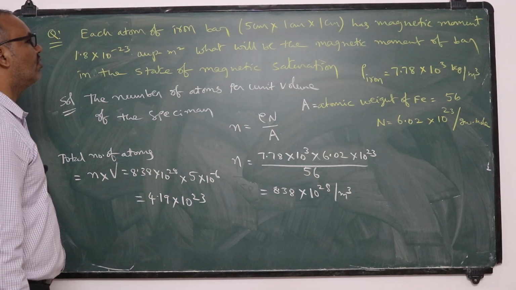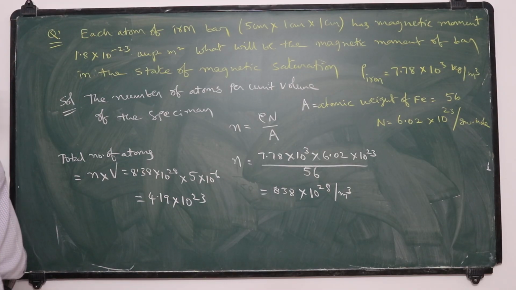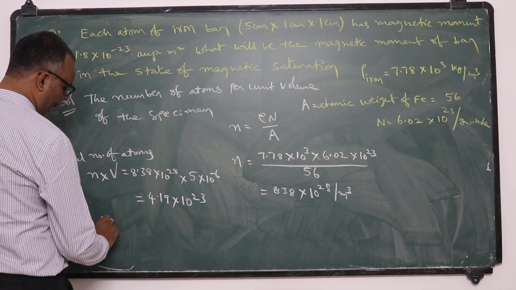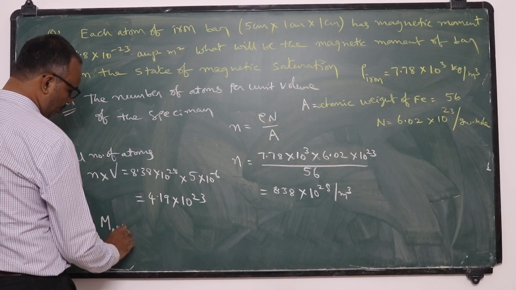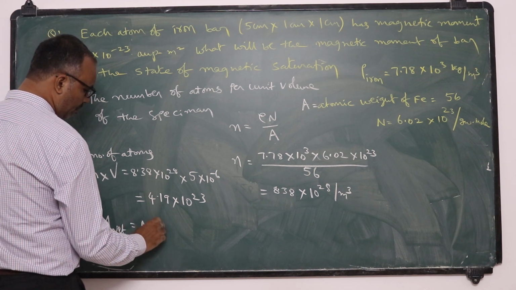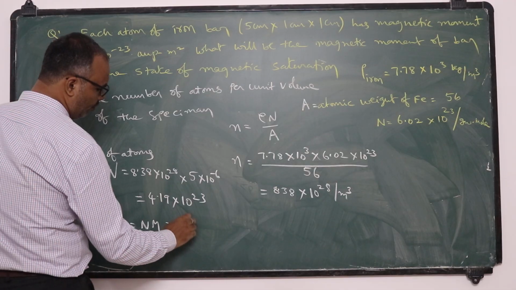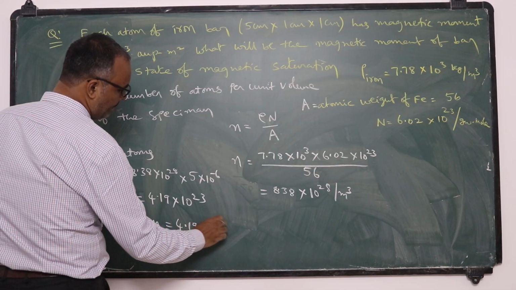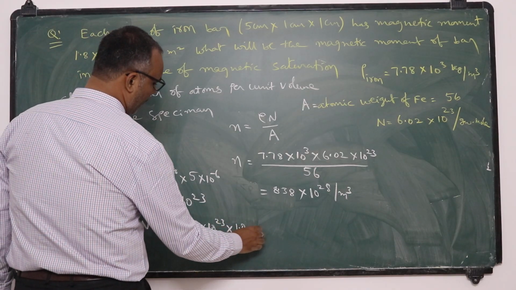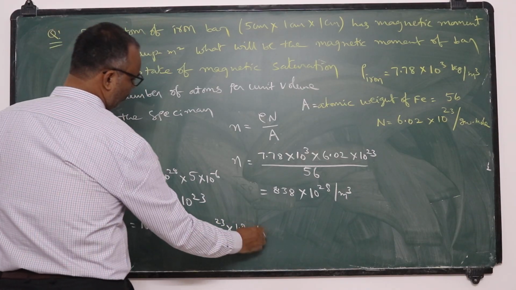Each atom has magnetic moment 1.8 into 10 power minus 23. So net magnetic moment is equal to total number of atoms into magnetic moment of each atom. 4.19 into 10 power 23 into 1.8 into 10 power minus 23.